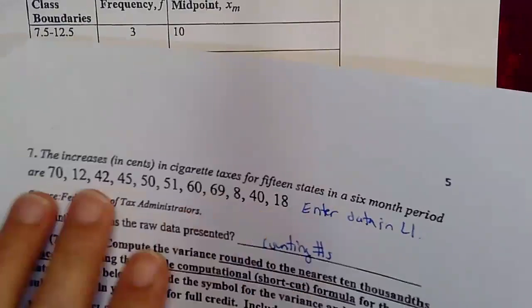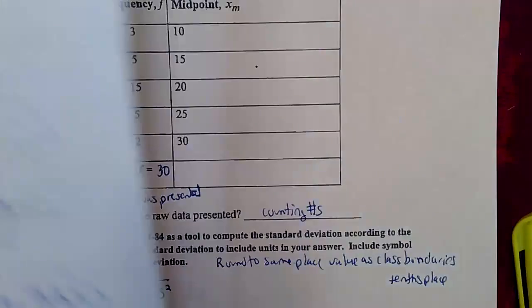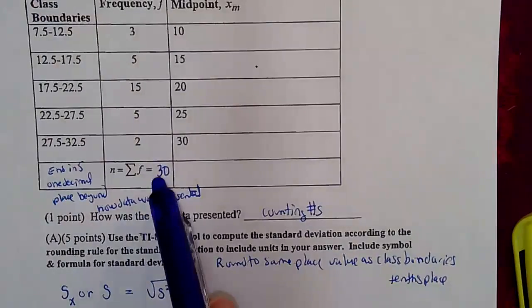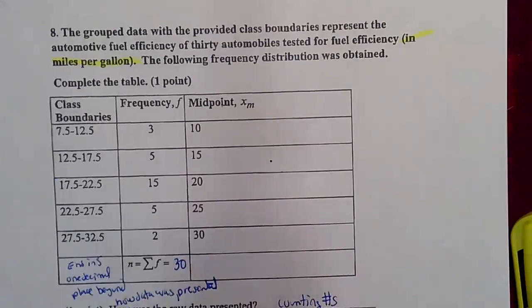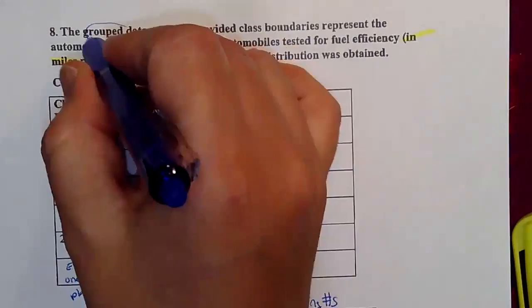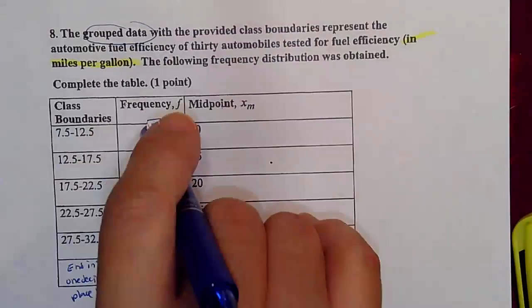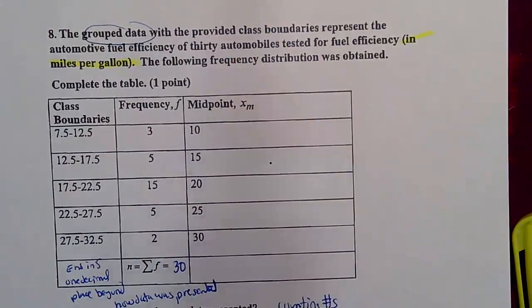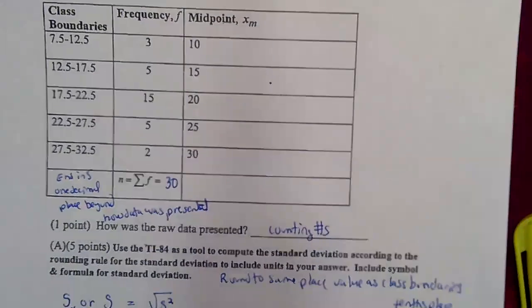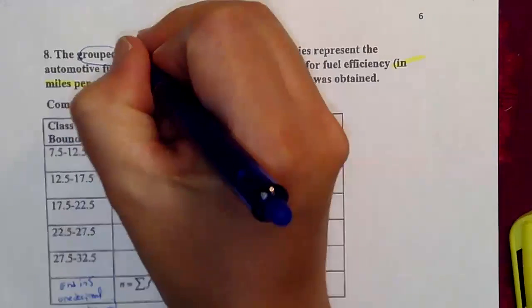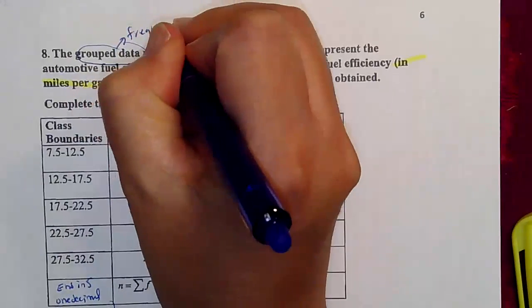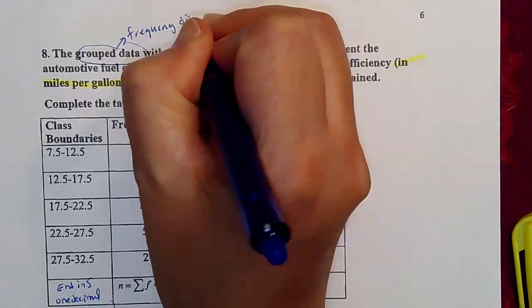That was just data given, whereas this is a group frequency distribution. It does say grouped data, it doesn't say group frequency distribution, but it is. Anytime you have class boundaries and frequencies, and especially midpoints, it's a group frequency distribution.